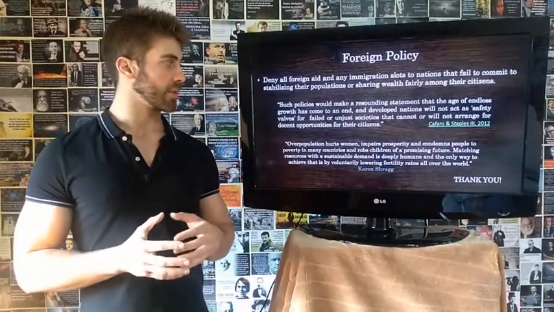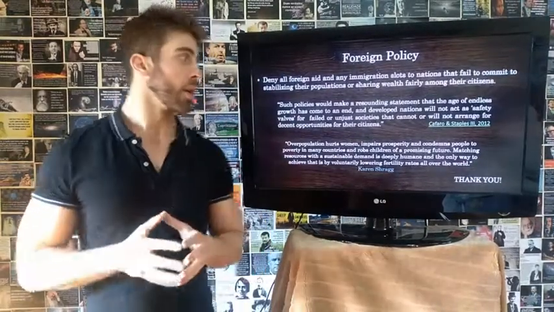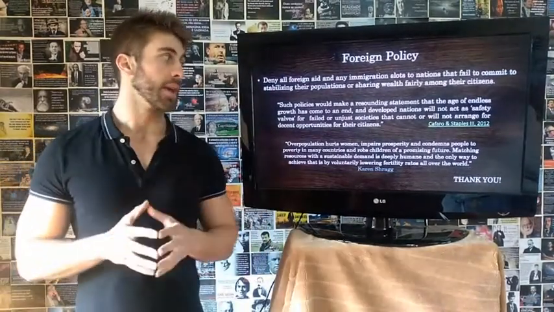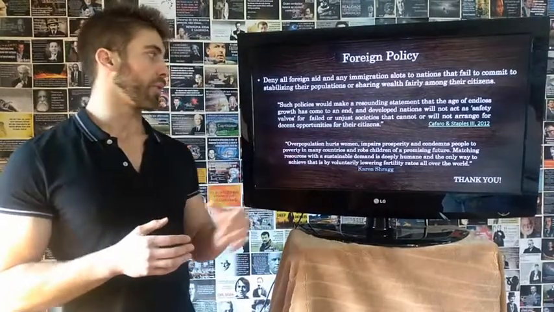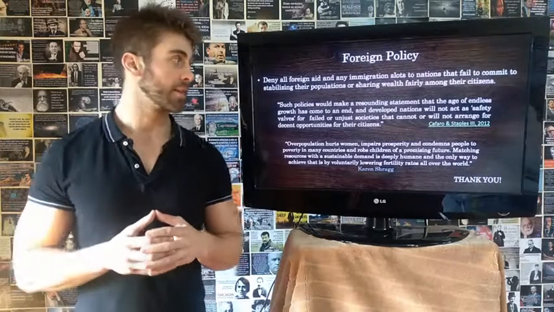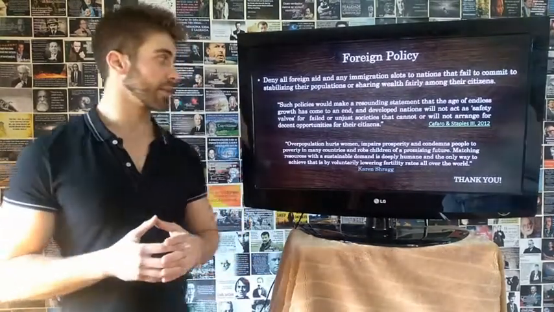As Kefauver and Staples III say, such policies would make a resounding statement that the age of endless growth has come to an end, and that developed nations are not serving as a safety valve for failed and unjust societies that cannot or will not arrange for decent opportunities for their citizens.